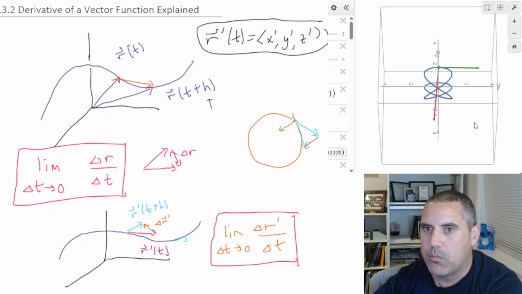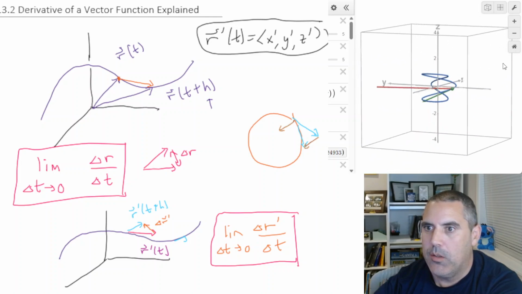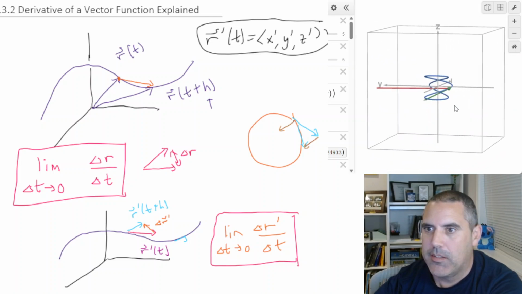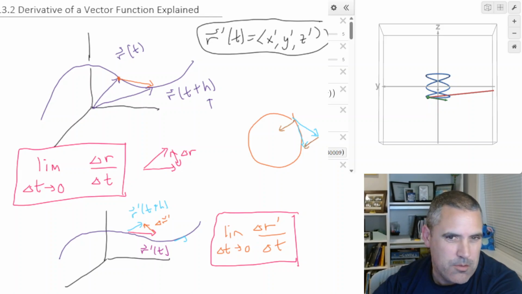So now it's going to switch to probably slowing down. Yeah, it's going to slow down, slow down, slow down. And then I think for a moment there, it might have been speeding up. Yeah, it's going to be speeding up, and then it's slowing down. Maybe now it's going to speed up a lot because they're almost pointing the same way. Speeding up. Okay. So anyways, that's what that measures.